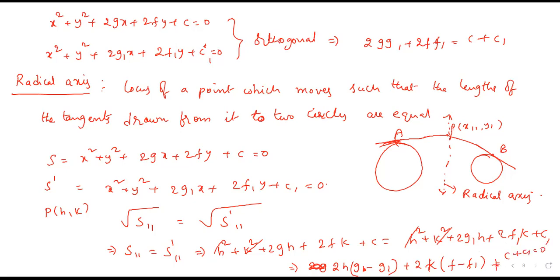In place of (h, k), if you write (x, y), you will get 2x(g minus g1) plus 2y(f minus f1) plus (c minus c1) equals 0.